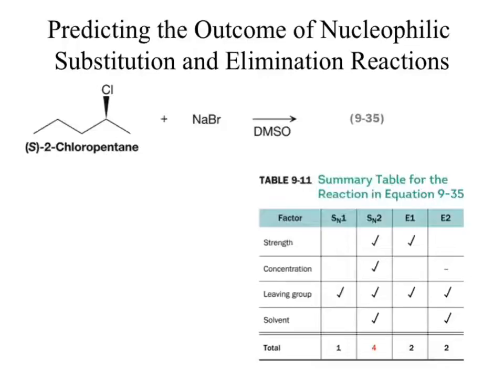The idea would then be you total up at the end and say which one has the most check marks. In this case, SN2. So we say SN2 reaction. What would we predict our product to be? And then we could balance out the rest of it, which I very rarely, if ever, do, but we've got the NaCl.